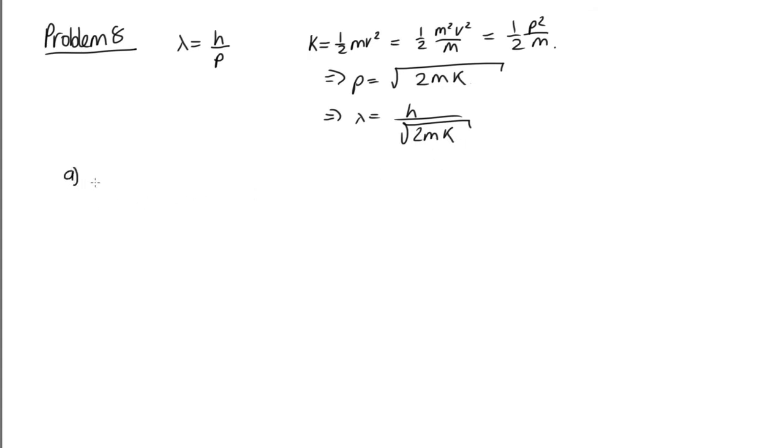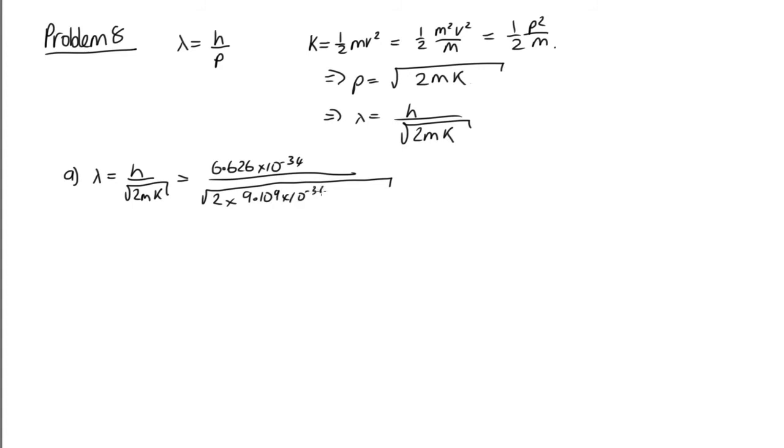Okay, so in part A, we've got a 1 kiloelectron volt electron. So lambda is equal to h over the square root of 2mK, which is equal to 6.626 times 10 to the minus 34 over the square root of 2. Now it's an electron, so the mass is the mass of an electron, and that's equal to 9.109 times 10 to the minus 31.